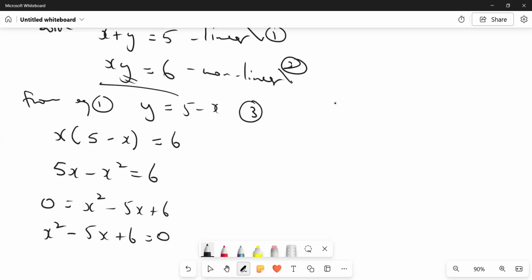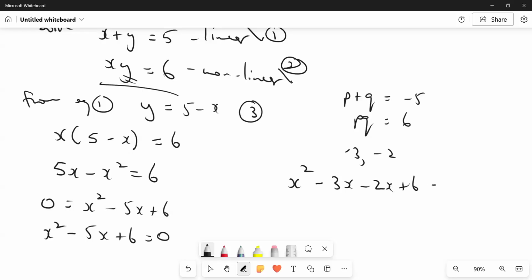Let's see, two numbers, P and Q, that when we add them give -5, and when you multiply them, you get +6. You can see those numbers: -3 and -2. When you add them, you get that, and when you multiply, you get that. So we end up with x squared minus 3x minus 2x plus 6 equals 0. We rewrite this one using the -3 and the -2.